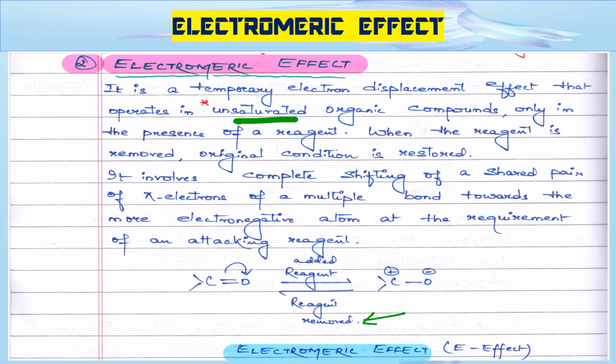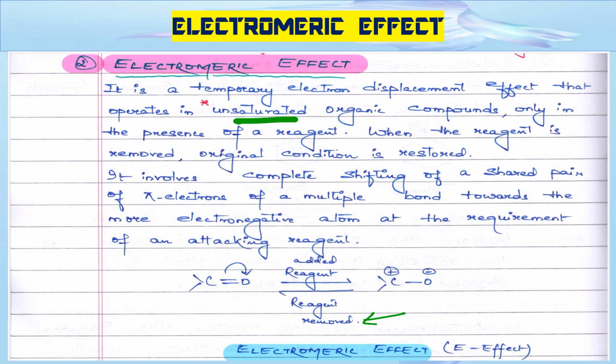It is an electron displacement effect which involves complete shifting of pi electrons from the less electronegative atom to the more electronegative atom. But this will happen only in the presence of an attacking reagent. We will study attacking reagents in detail in our coming classes, but as of now I'll just give you a brief introduction of what a reagent is.